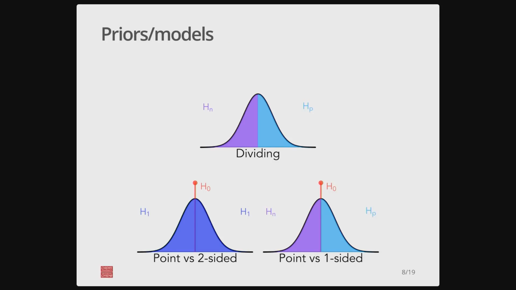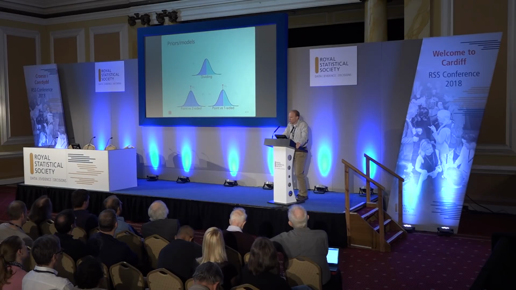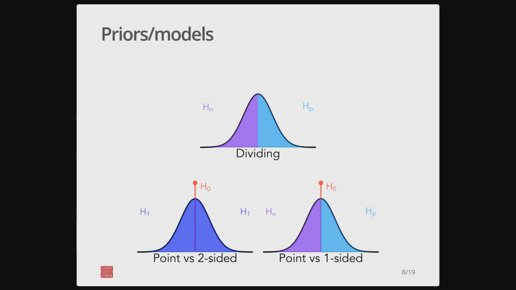I can also, on the bottom left there, stick a point null in there and say, okay, I have a null model, and then I can do a two-sided test against an alternative that has two sides. So I've got H1 there, and it spans the whole space other than 0. So I've got a point null and then a two-sided prior.